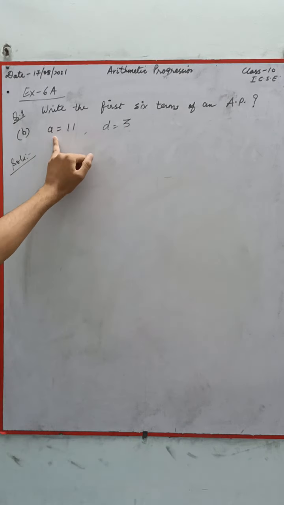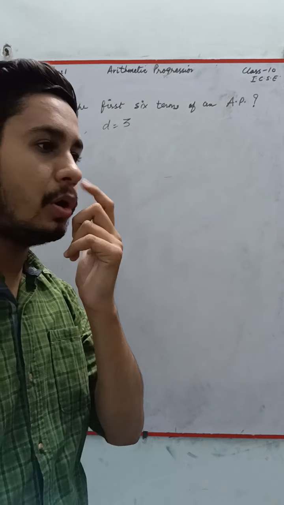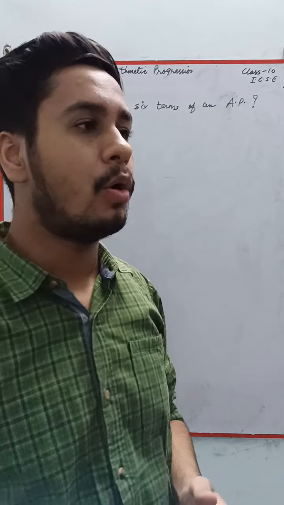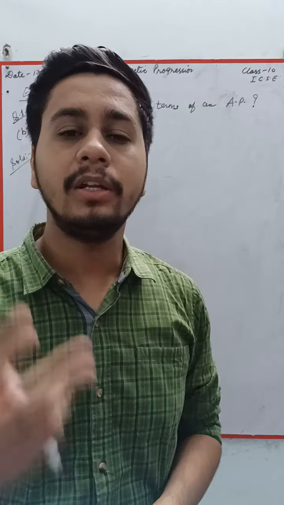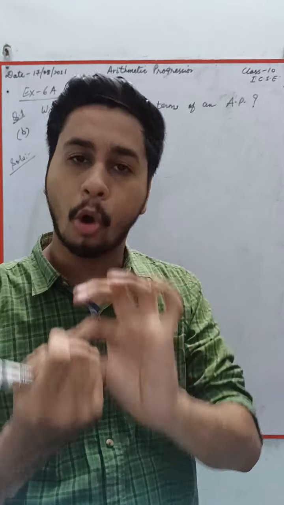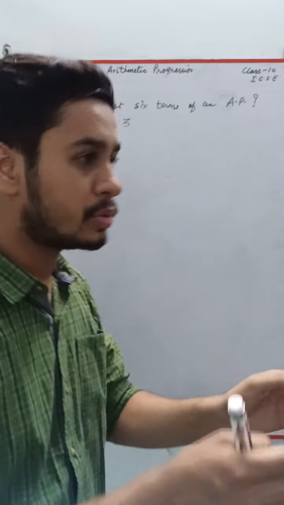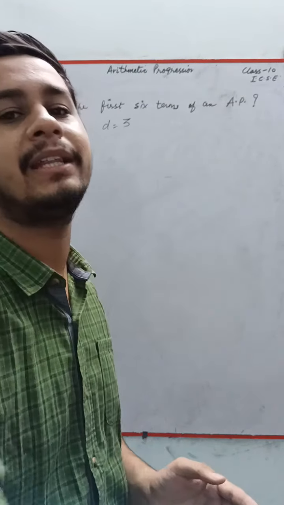We know a is the first term and d is the common difference. So to know what your AP is, you need two things. First, the first term, and second, the common difference. Because using the first term you can add the common difference and get the values.